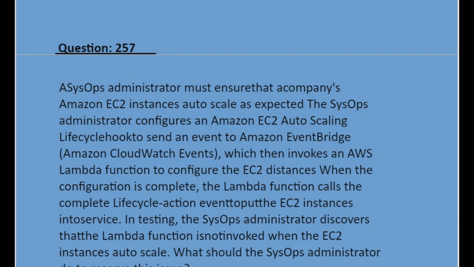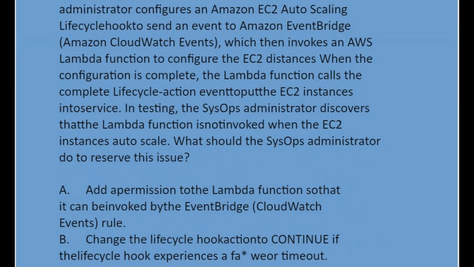When the configuration is complete, the Lambda function calls the complete lifecycle action event to put the EC2 instances into service. In testing, the SysOps administrator discovers that the Lambda function is not invoked when the EC2 instances auto-scale. What should the SysOps administrator do to resolve this issue?